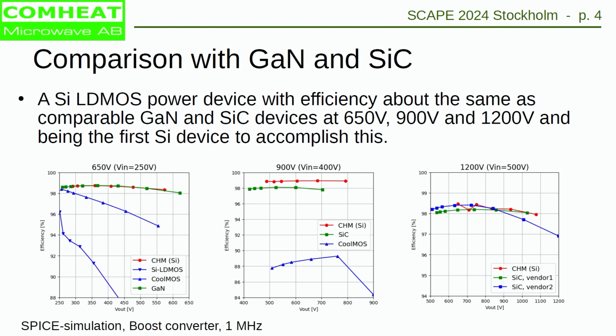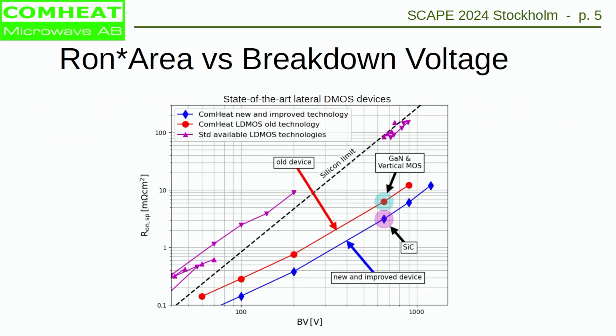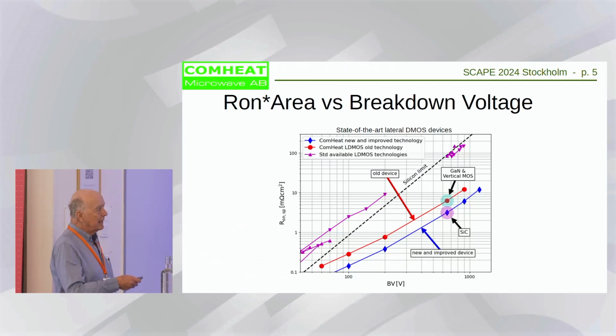So an interesting question could be that it seems we have a lateral device which is much better than a vertical device. Let's assume that we could do a lateral device on silicon carbide. Where could we be? Could we be higher? Probably. It will be an interesting project to work on. What we have done on Ron times area is show that we are getting a factor of 2 improvement.